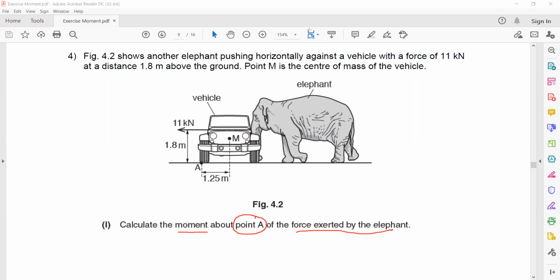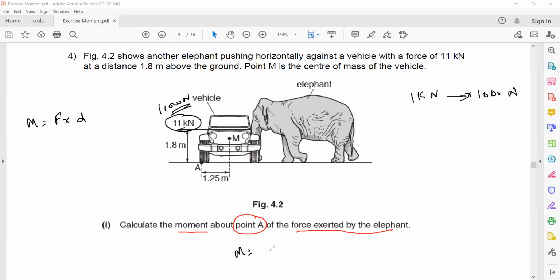So we have to calculate the turning effect caused by the elephant. The formula for turning effect or moment is force applied multiplied by distance. So what is the force applied by the elephant? It's given as 11 kilonewton. So 11 kilonewton means 11,000 Newton, because to convert kilonewton into Newton, we multiply by 1,000.